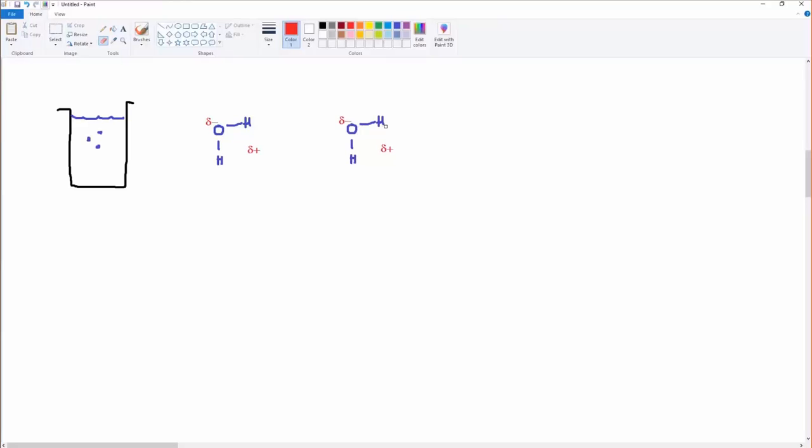Yeah, Sarah says that opposites attract. Because now I have these little charges, those charges are going to attract one another. They'll be sticky. The H's are going to attract the O's, and the O's are going to attract the H's, and you have a big network of these little attractive forces.